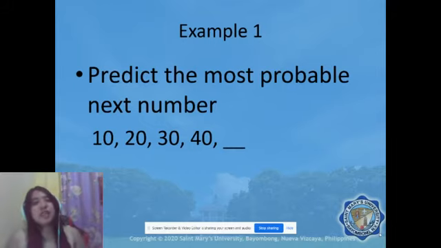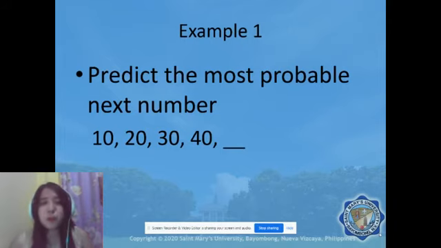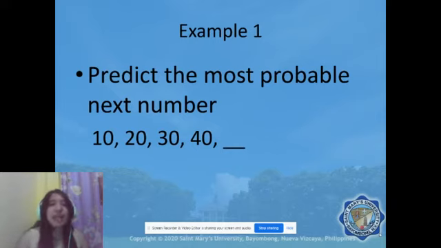Okay, so let's have example number one. Predict the most probable next number. If we analyze the values given, we have 10, 20, 30, and then 40.